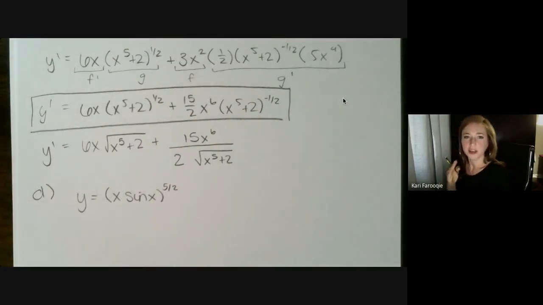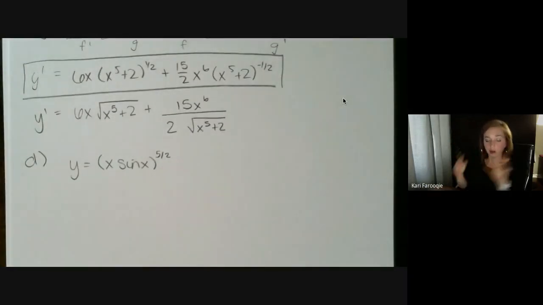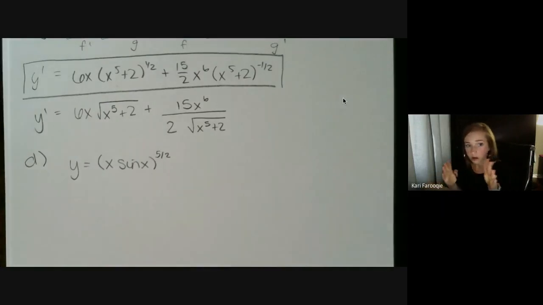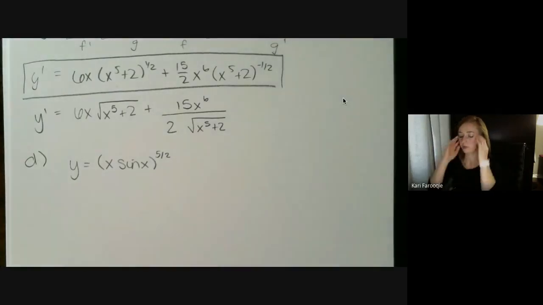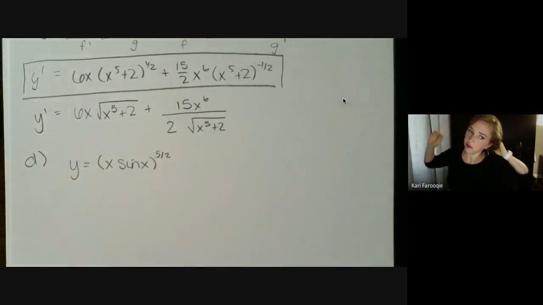Oh, I bring up getting jiggy with it because we're getting tricky with it right now. Y equals, all right, your parentheses are really, really important here. In parentheses, x sine x, and that entire quantity is being taken to the 5/2 power. All right, look at your function and see what's happening here.